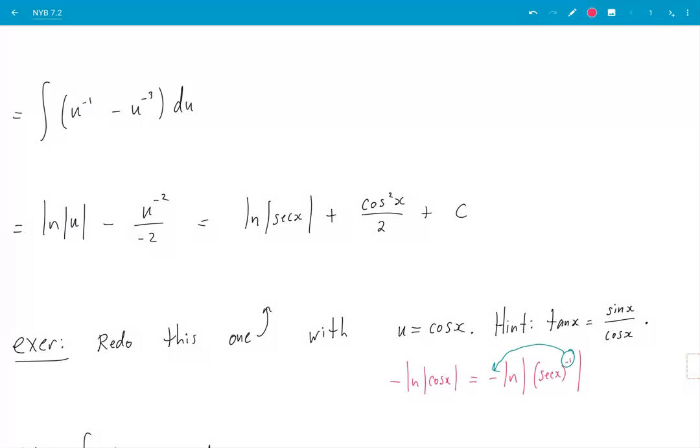So you'll be able to recover the ln secant of x that I see appearing here. Okay, to repeat, when you follow my hints here, your final answer will likely involve this, which may make you upset. Don't be upset. It is exactly what you want it to be.